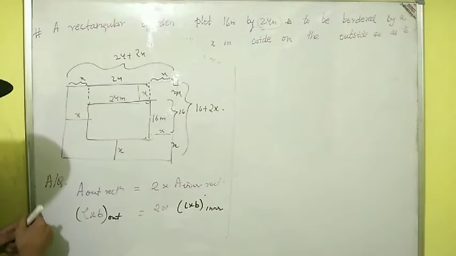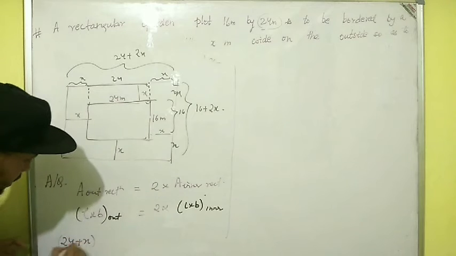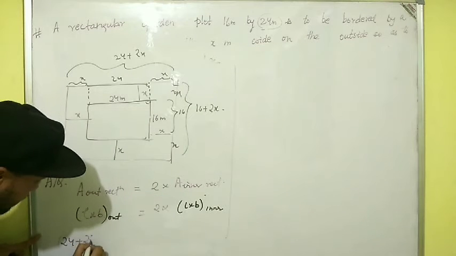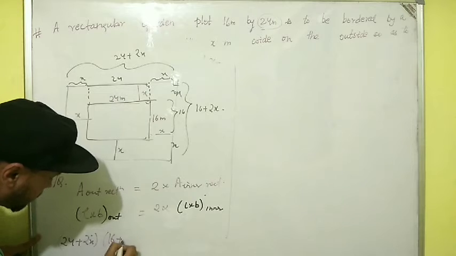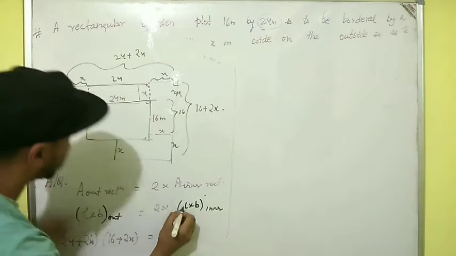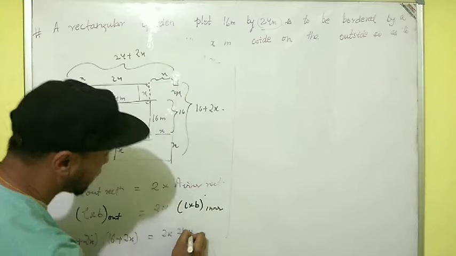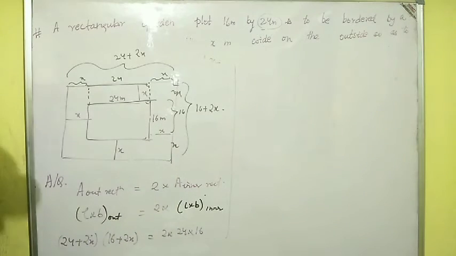Okay, so the length of the outer rectangle is 24 plus 2x, and the breadth of the outer rectangle is 16 plus 2x, is equal to 2 into the length of the inner rectangle, which is 24, and the breadth of the inner rectangle, which is 16. Now let's calculate.